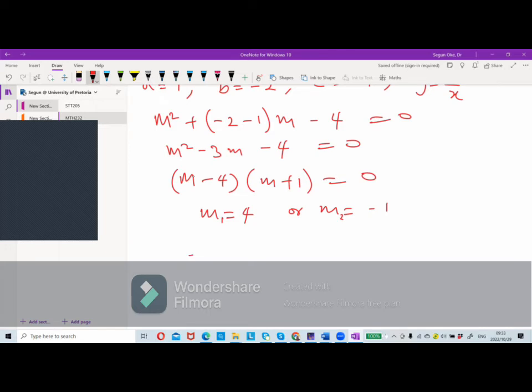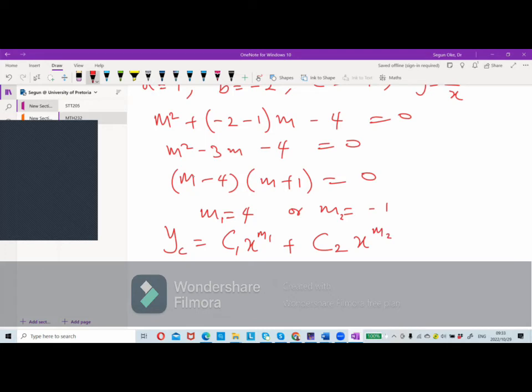So what is our general complement? The complementary solution says C1 x raised to power m1 plus C2 x raised to power m2.